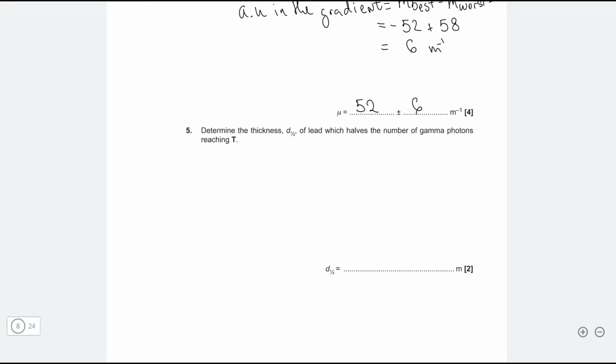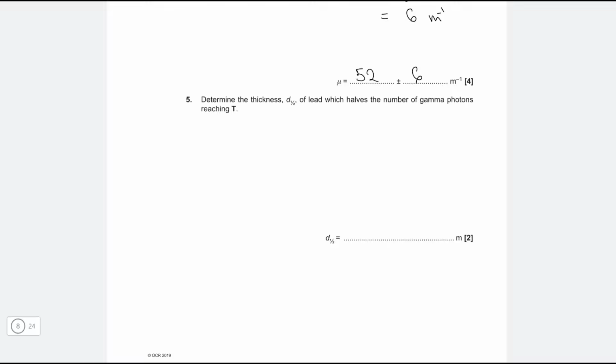Okay, final question. Determine the thickness d half of lead, which halves the number of gamma photons reaching T. Okay, well, remember our equation is that N is equal to N naught e to the minus mu times d. So what we really want to do is we want to halve the number of photons. So N over N naught will be equal to e to the minus mu d.